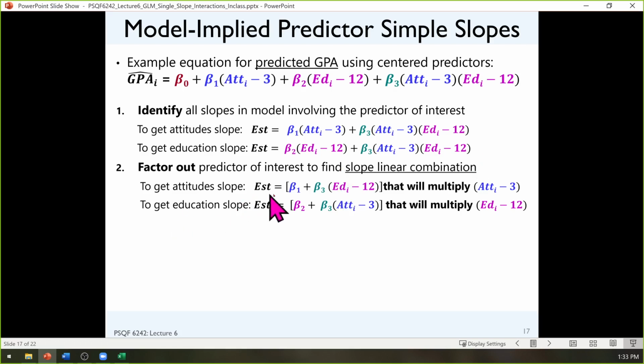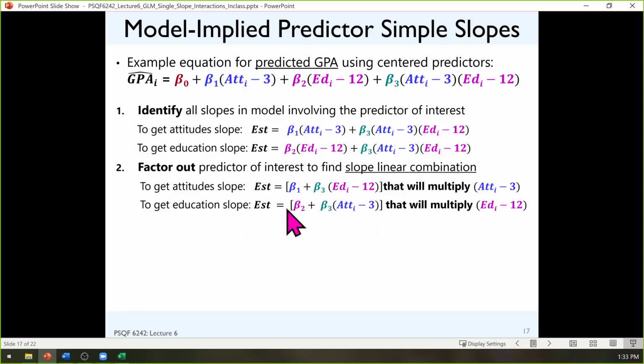So the slope of attitudes as given by this interaction model is this linear combination right here. The slope of attitudes for any person in the data set is going to start with beta 1 and then be augmented by whatever their value of education is times the interaction term.